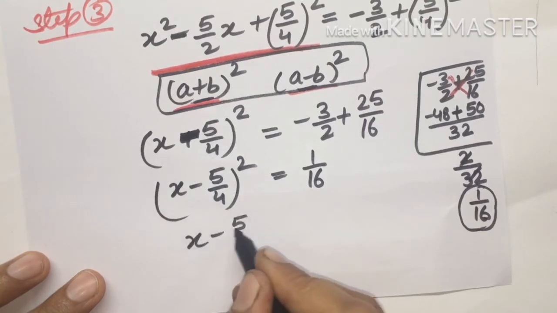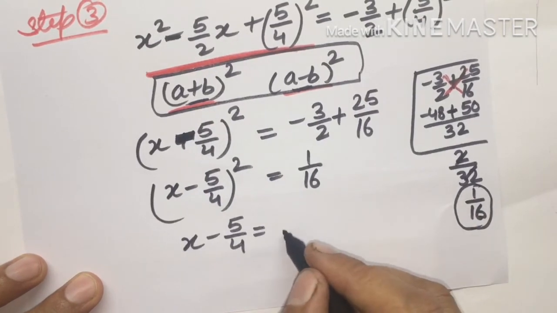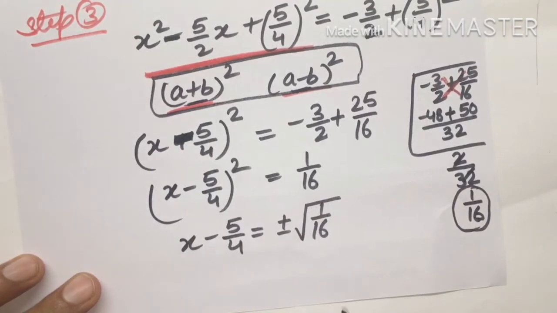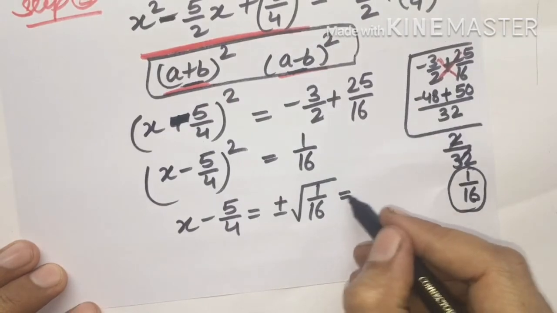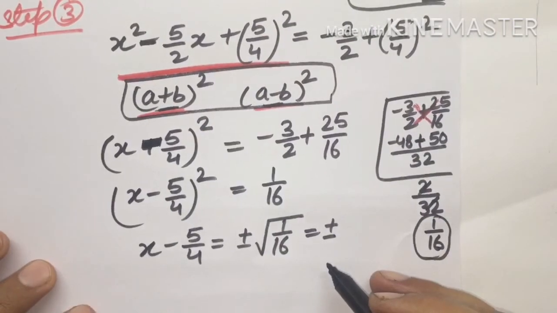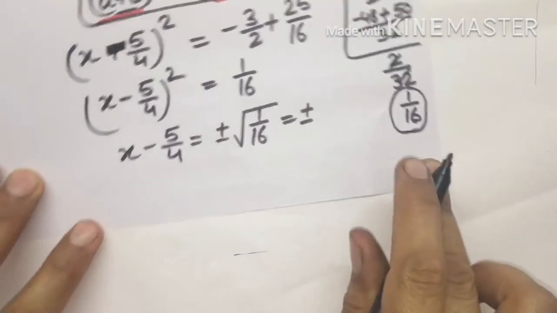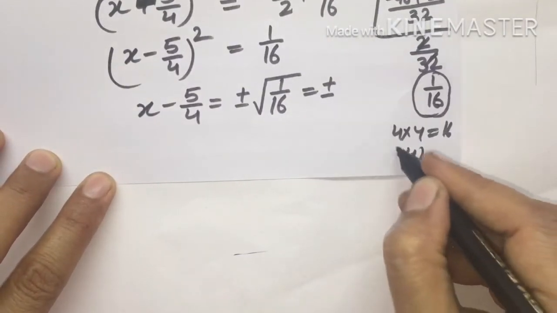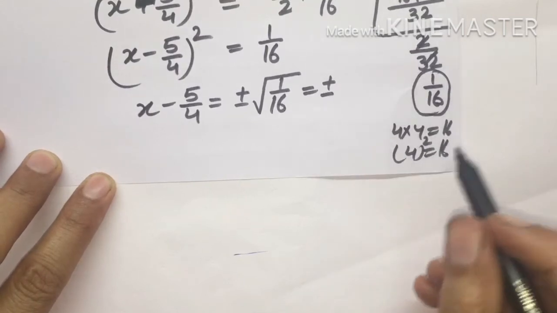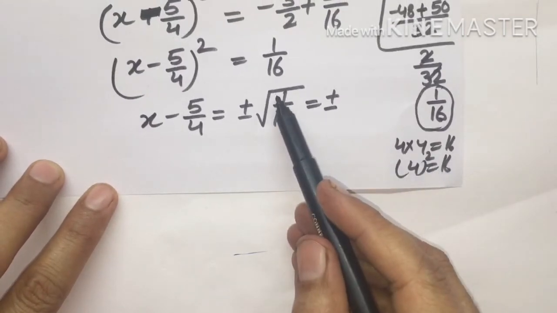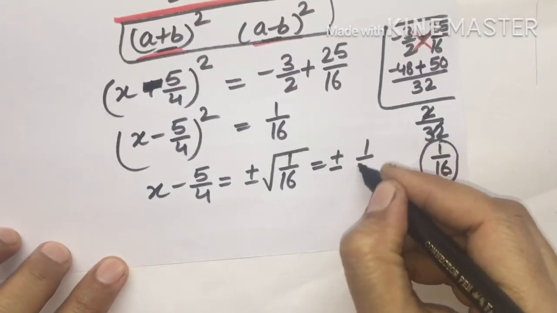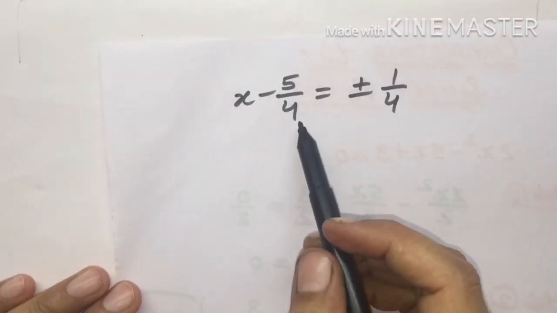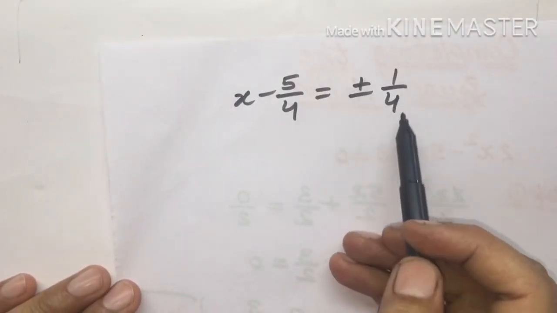So x minus 5 upon 4 is equal to plus minus root of 1 upon 16. 16 is a perfect square: 4 into 4 is 16, so the square of 4 is 16, and the square cancels with the square root. So x minus 5 upon 4 is equal to plus minus 1 upon 4.